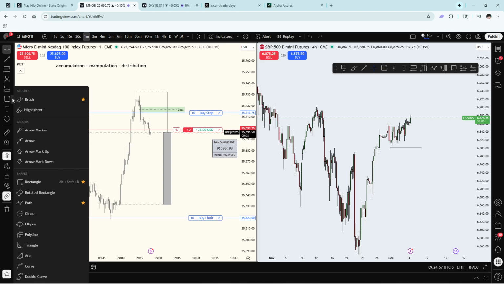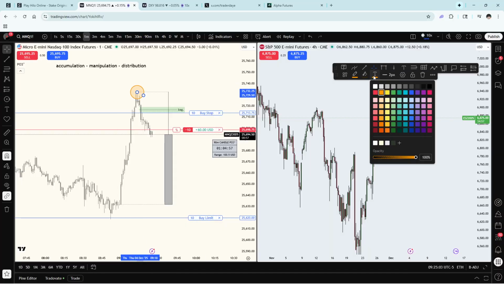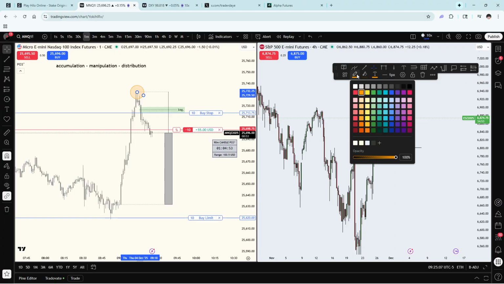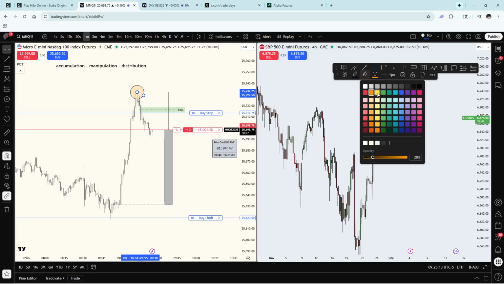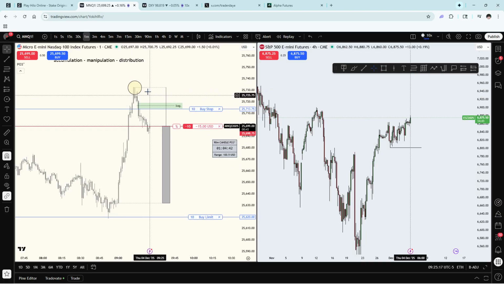It's a sell-off at a given key level or a very important one. I'll do yellow just because it should be like a light bulb going off in your head, right?